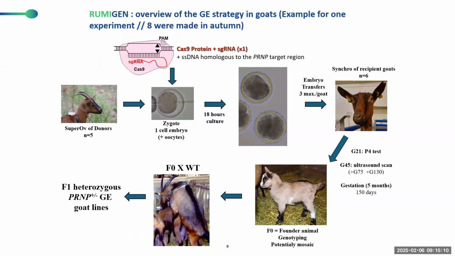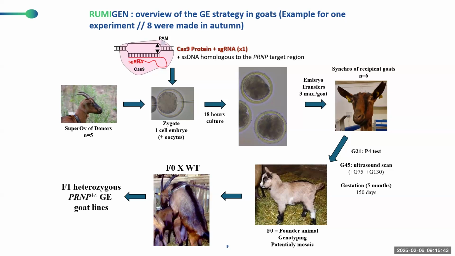All these goats were culled goats, in order to respect the 3R rules. Both goats receive a hormonal treatment, the donor for superovulation and the recipient to be synchronized with the donor.